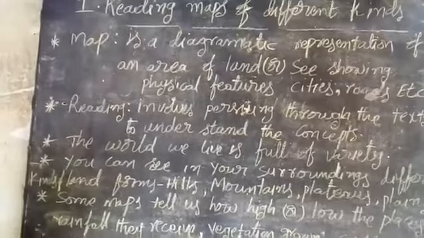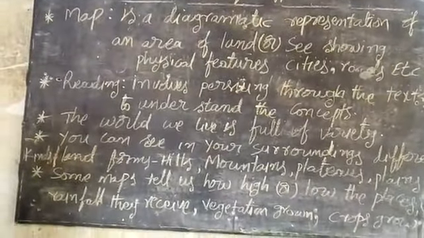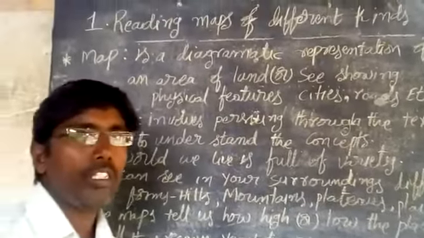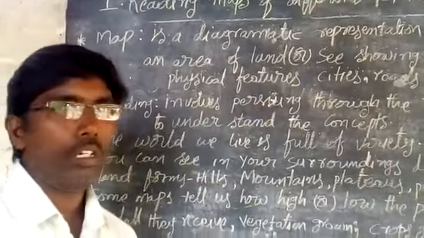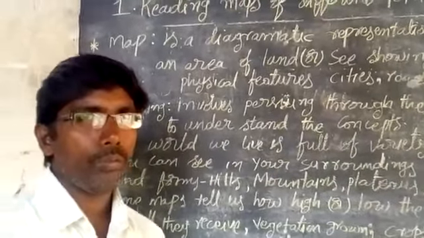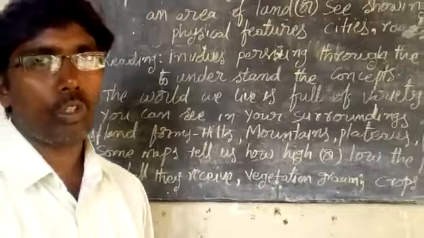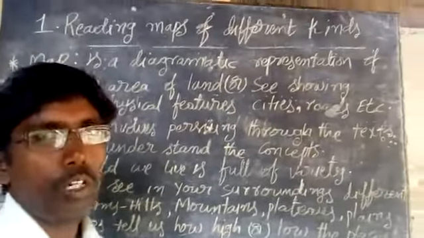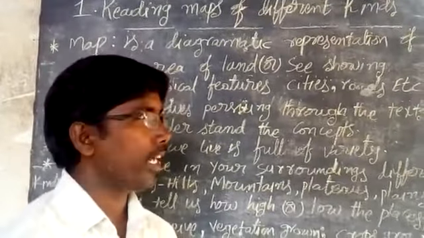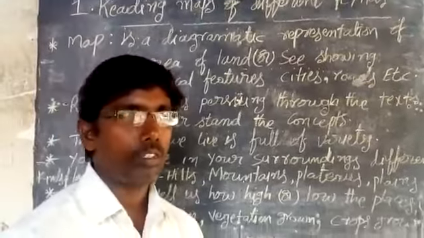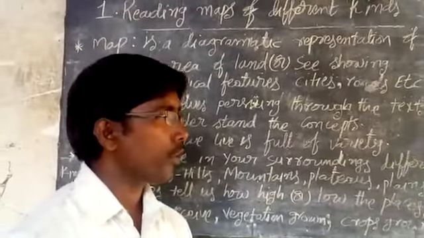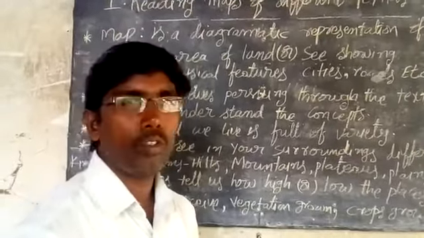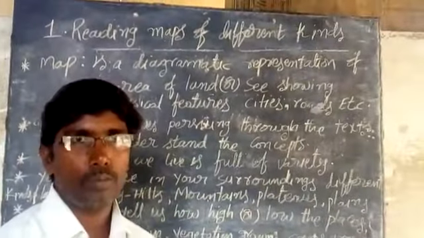Some maps tell us how high or low the places are, how much rainfall they received, how hot or cold, what kind of vegetation was grown, what kind of people were living there, what kind of languages they were speaking. Such information we can get by using some other maps.